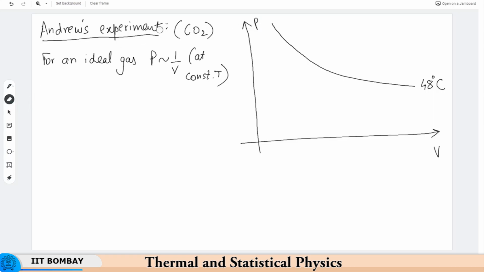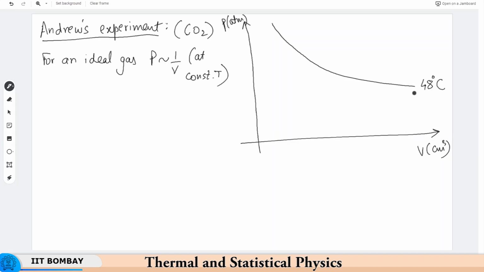This pressure is in atmosphere, and this volume is in cubic centimeter. When he performed this experiment at 48 degrees Celsius, he saw that the pressure basically decays inversely with volume, as we expect from Boyle's law.